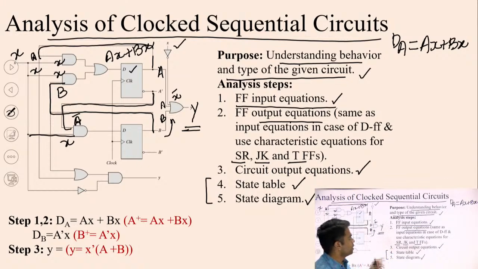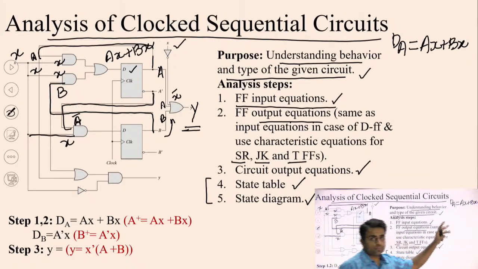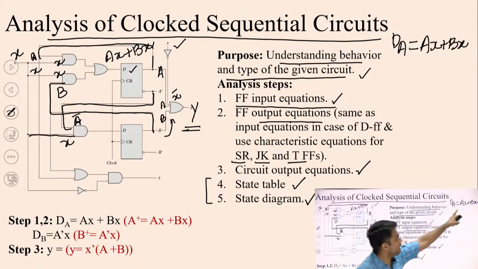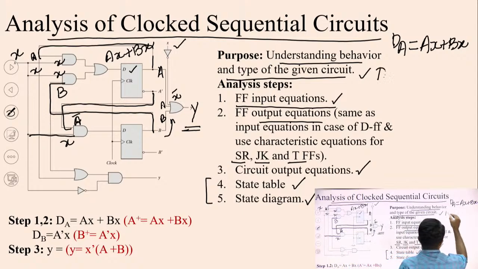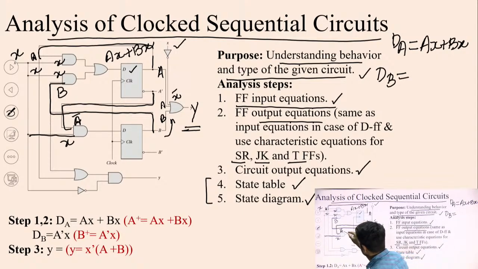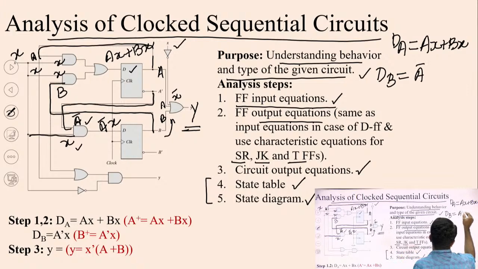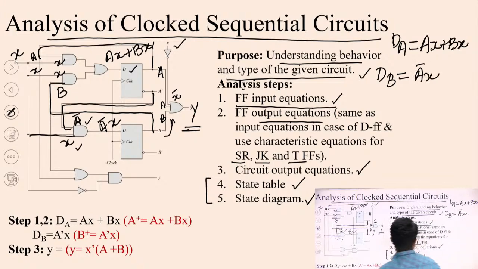A, B and X, all three are deciding DA. Similarly, you can write the expression for DB. The expression for DB is A bar X.